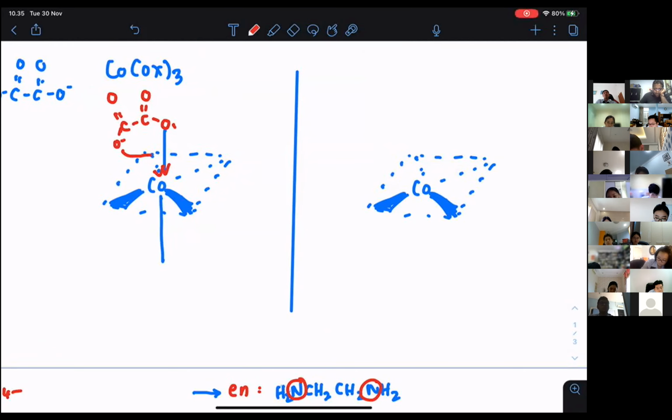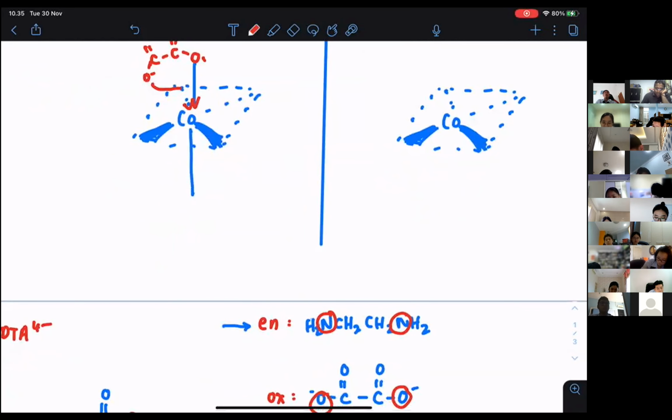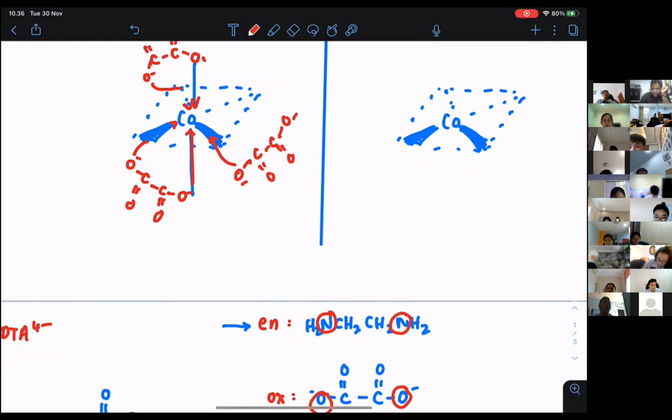Then do the same thing. C double bond O, C double bond O, O minus, O minus. Here also you want to write first C double bond O, C double bond O, O minus, O minus. So from here to here, side by side.